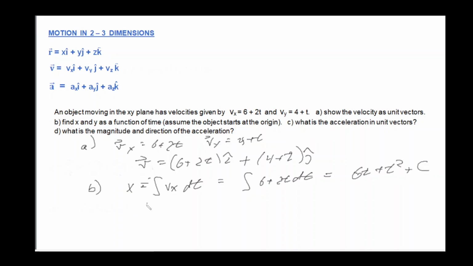Well, we know at the origin t equals 0 and x equals 0. If we plug that in here, we find that c equals 0, and we get x is equal to simply 6t plus t squared.